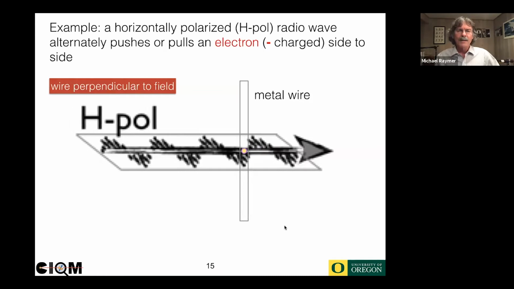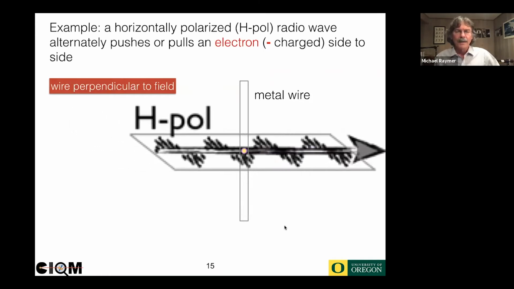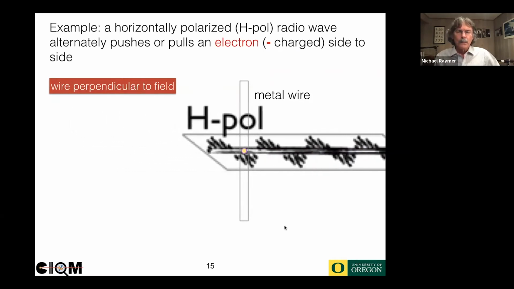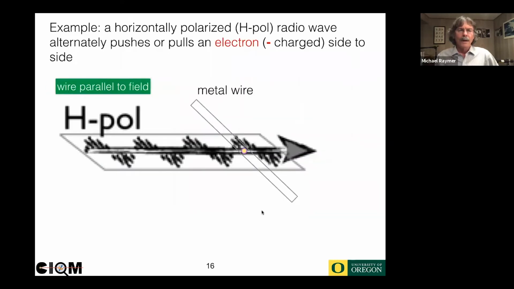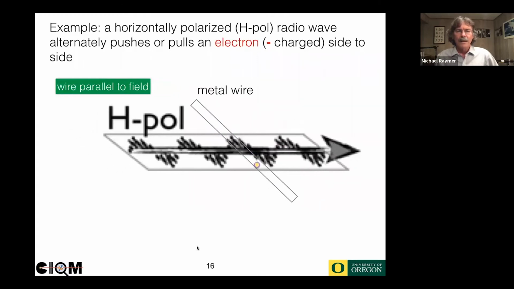So here's what happens: pretty much nothing. The force is pushing it side to side, but it can't move. Therefore, it cannot do any work. The electron cannot absorb any energy from the field. No motion, okay. But if the wire is now tilted so it's horizontal, yay, it can move again.